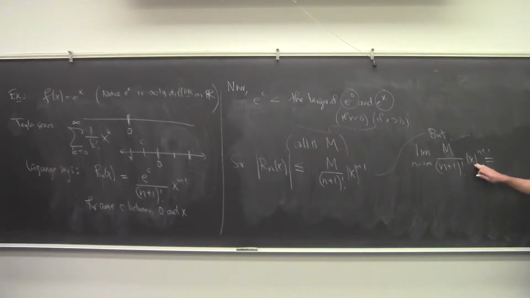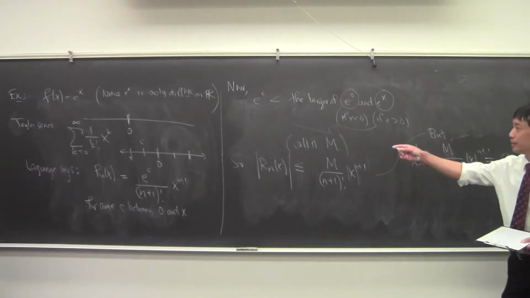You've got some number raised to the n plus 1th power. You're dividing by n plus 1 factorial. And you let n go to infinity. What's going to happen? 0, right? Because this x is some fixed number. Maybe x is 10.